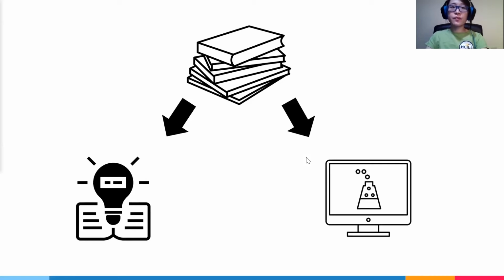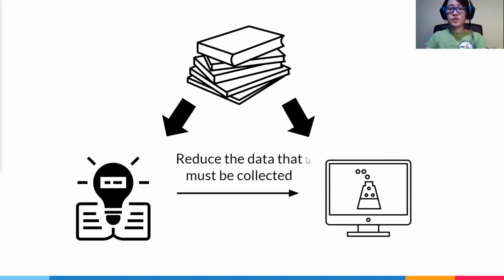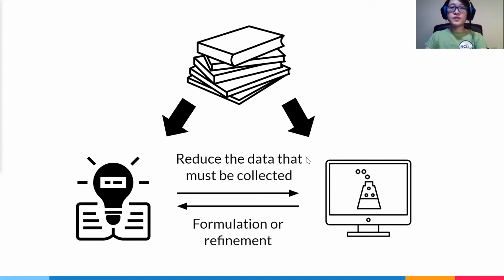Theory papers are critical for helping us reduce the design space. With principles informing us which designs may not be effective, we can potentially reduce the amount of experimental data that must be collected to rank different visualization designs. On the other hand, experiments often lead to the formulation of new theories or the refinement of existing ones.